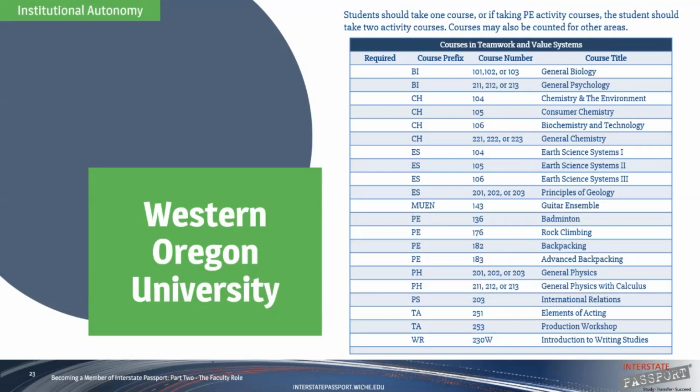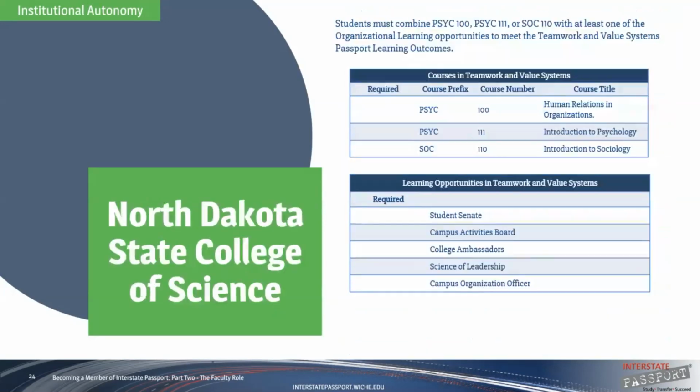However, you have to take 2 PE activity courses that they've identified, and specifically the ones that have teamwork outcomes, in order to complete this requirement. But there are also some theater arts and a writing course that meet those areas at Western Oregon University.